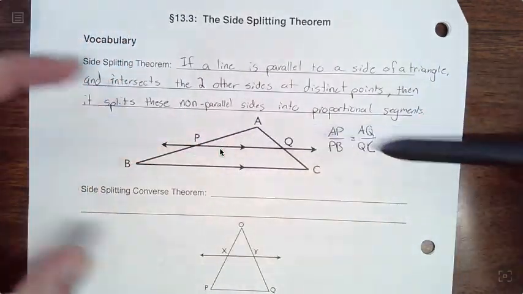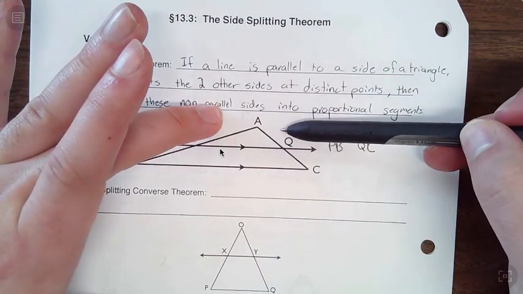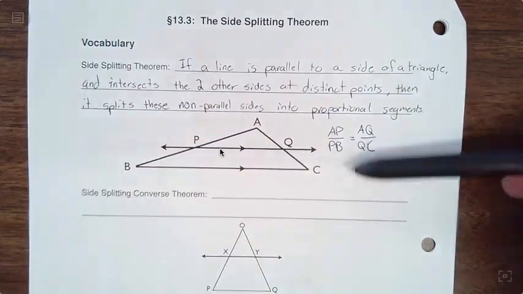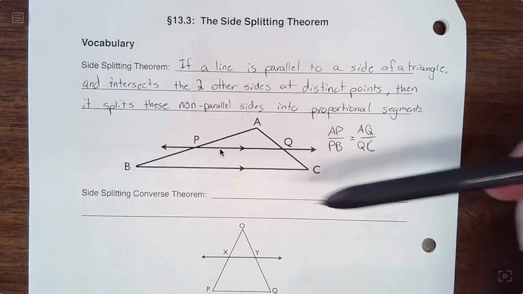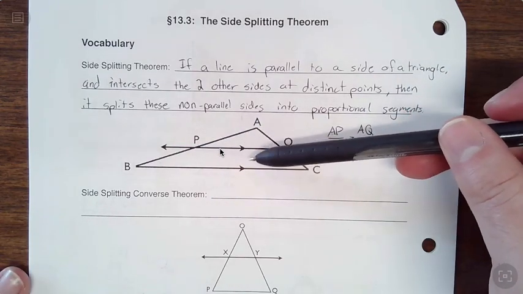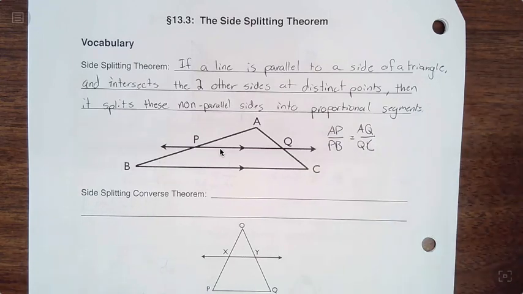My line going through the middle almost becomes like your fraction bars, and I'm just saying that these two segments divided by the bottom two segments are going to have to be equal. And so if I'm missing one of those sides, we can then solve for it just like we solve with our other proportions. But again, you have to make sure that you have the line that goes through that is parallel to the side.